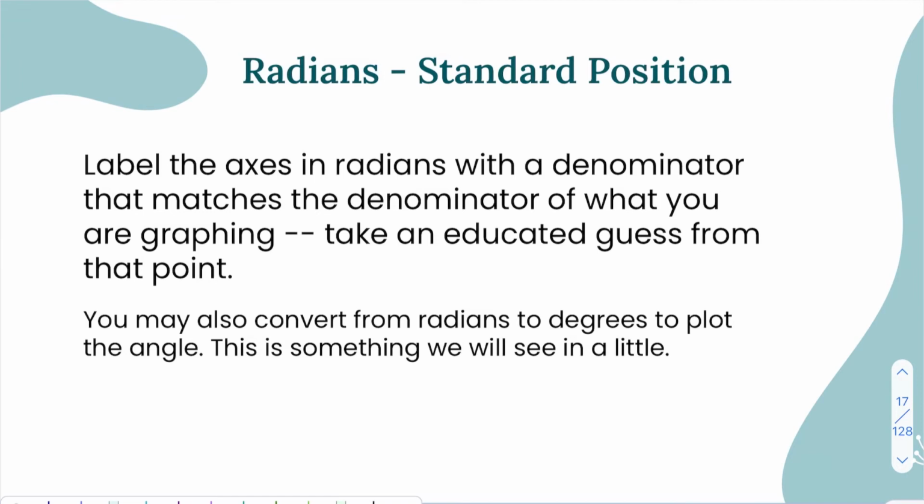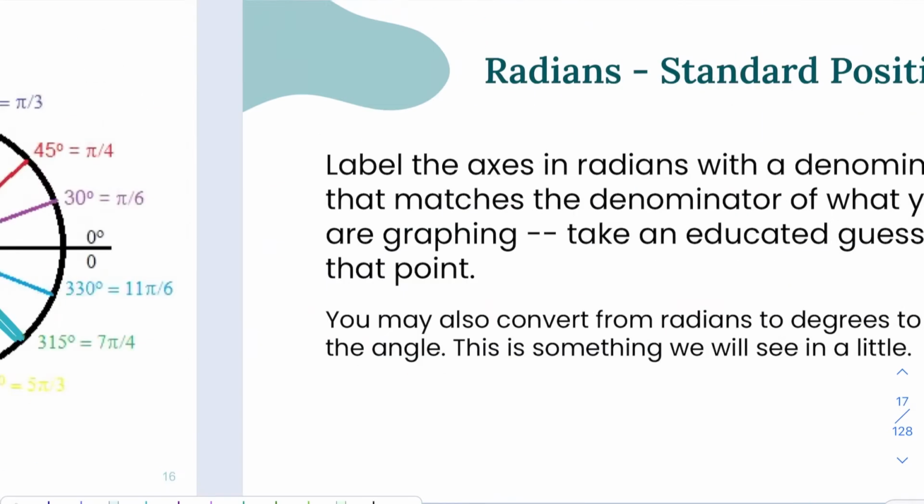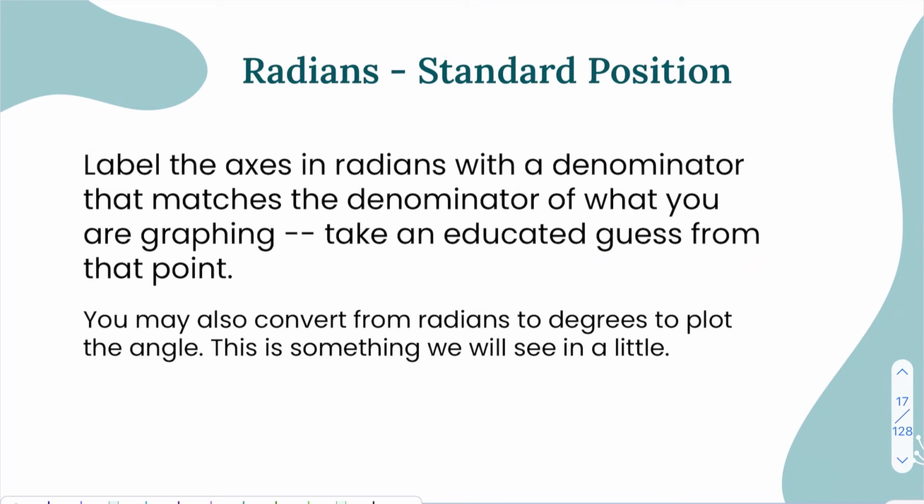The tricky thing is, unlike degrees where we're just working with numbers, when we're working with radians, oftentimes we are working with fractions. Most radians are fractions. Fractions can only be compared if they have the same denominator.